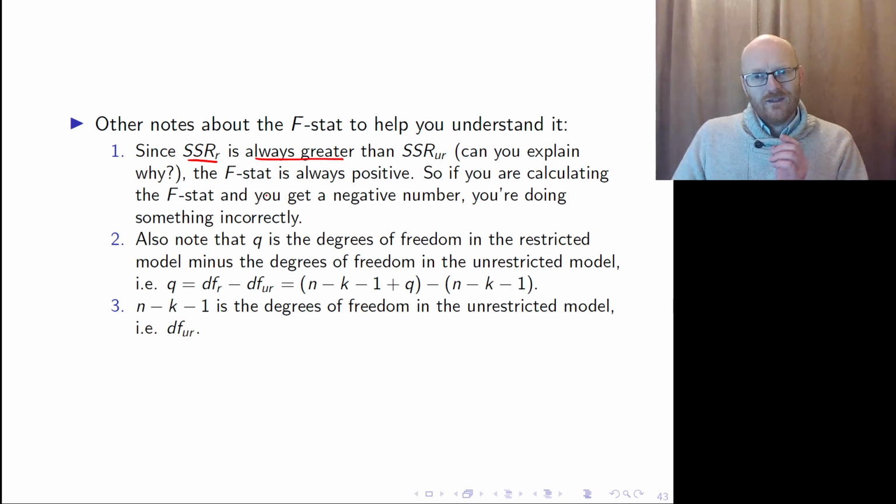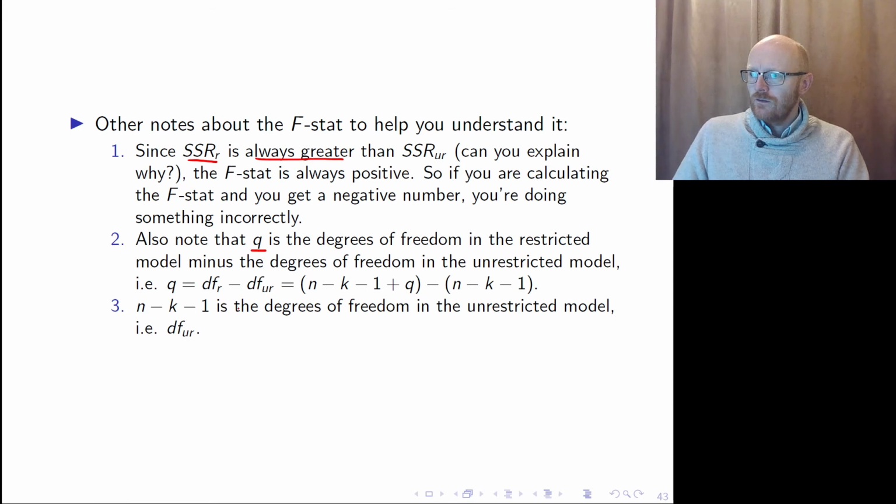This means that the F-stat is always positive. If you get a negative F-stat, then you're doing something wrong. Okay.